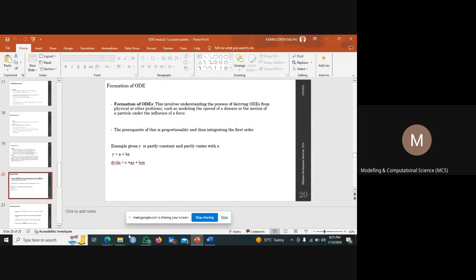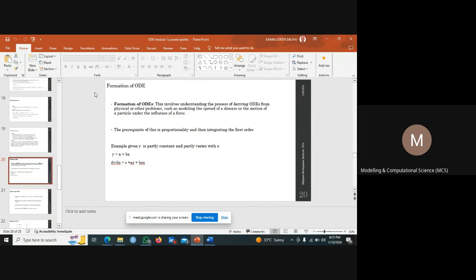Now we have started going deep into the basics of why we want to learn this course. After understanding the classification of differential equations, the next thing to know is what we call formation of ordinary differential equations, and from the word, how to form a differential equation.